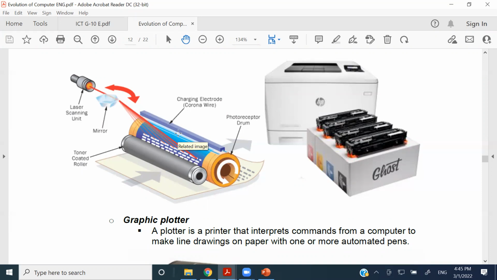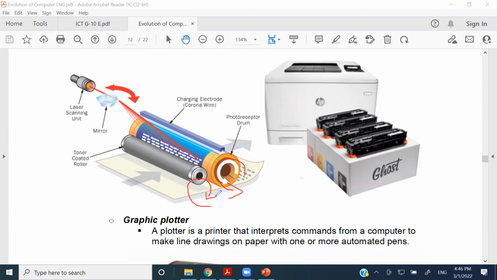It gets heated, different spots on the drum get heated according to our printout. So when this drum and the toner move together, these two rotate to different sides. This rotates this side, and the toner rotates this side.